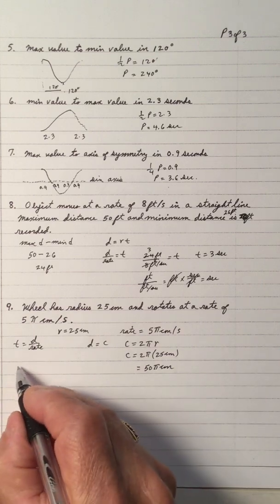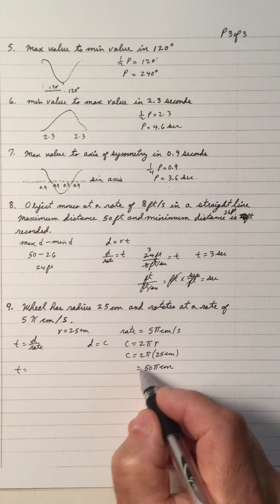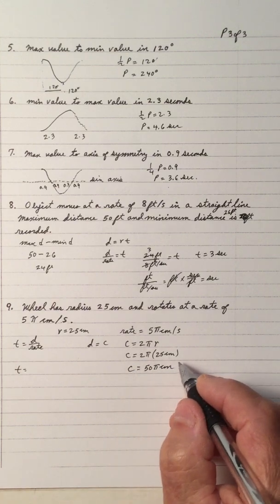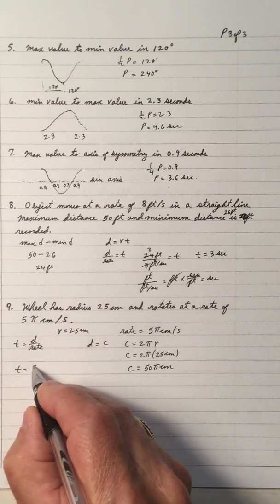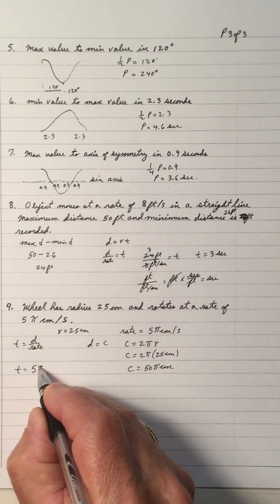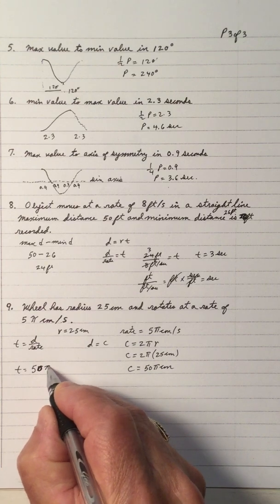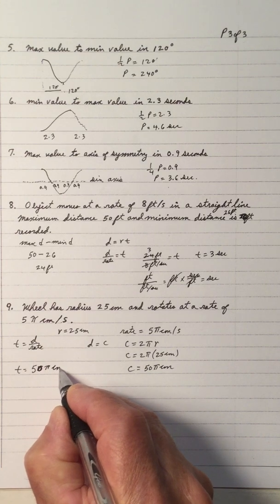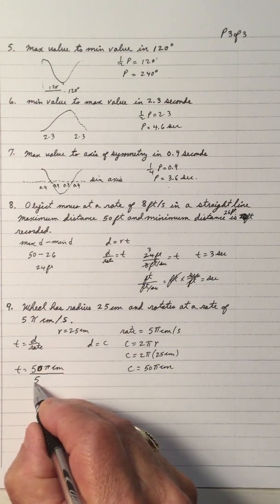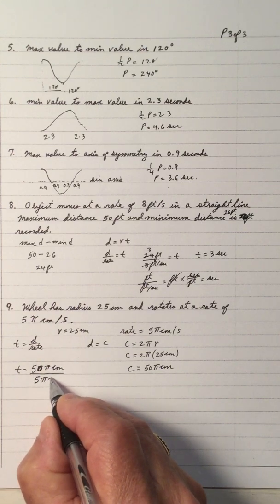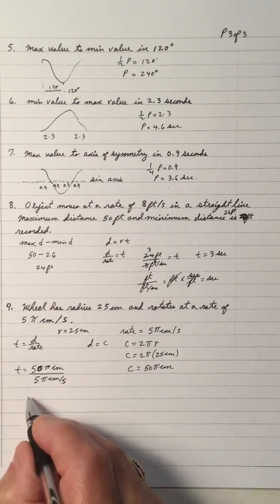So if you want the time, go back to here. The distance is the circumference. So we can put 50 pi centimeters in for the distance, divided by the rate, which is 5 pi centimeters per second.